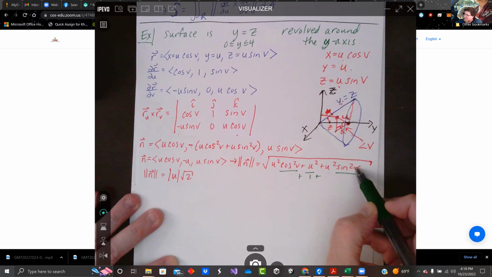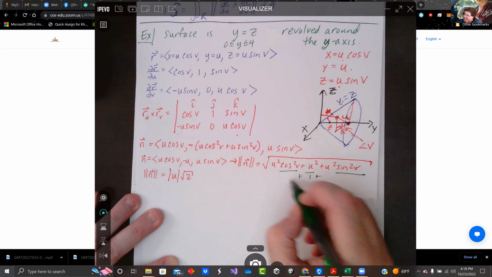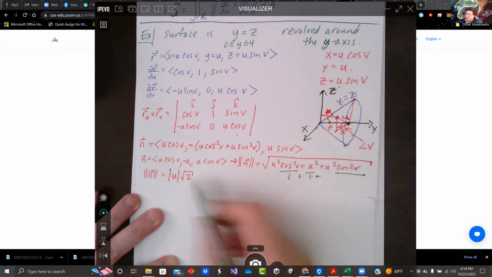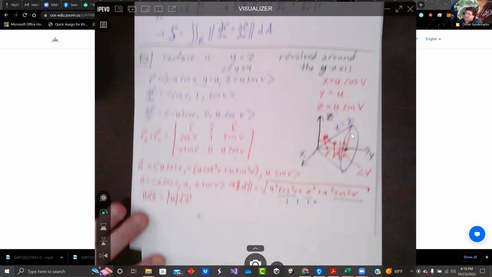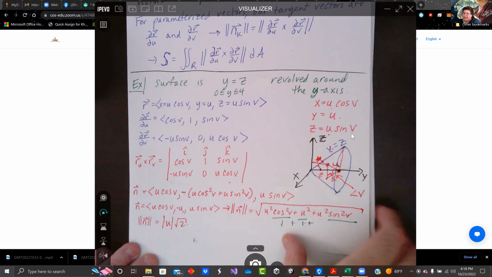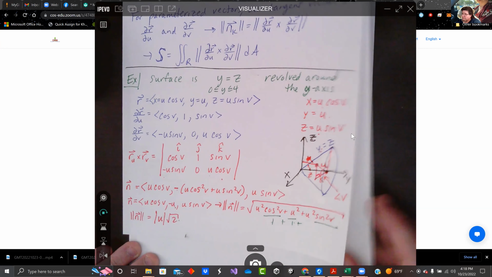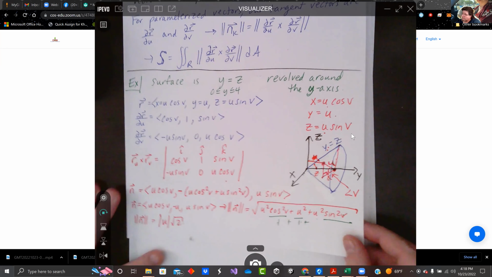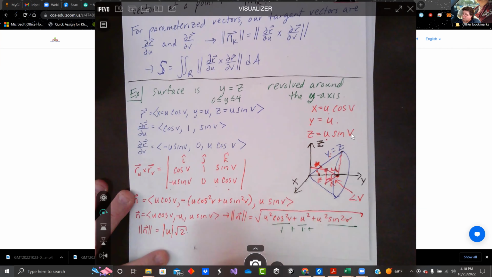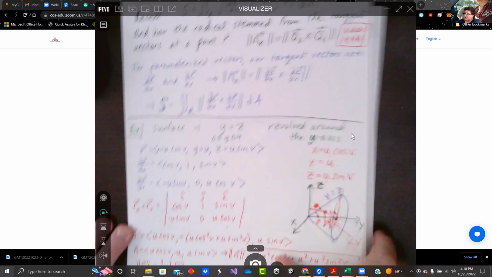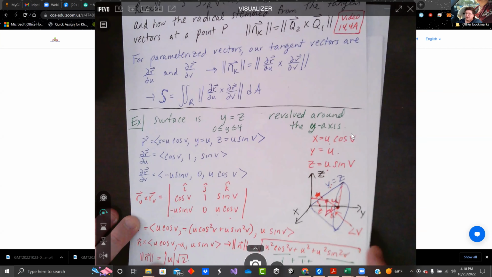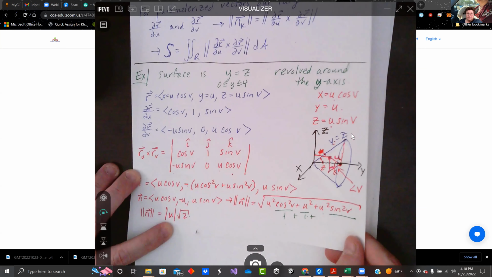Cosine squared plus sine squared together make a 1. So we got 1 plus 1 is 2. Let's take a look. We got the magnitude of our normal vector, and that's what we're going to take the integral of, because that's what we needed right here. So we got absolute value of u times the square root of 2.